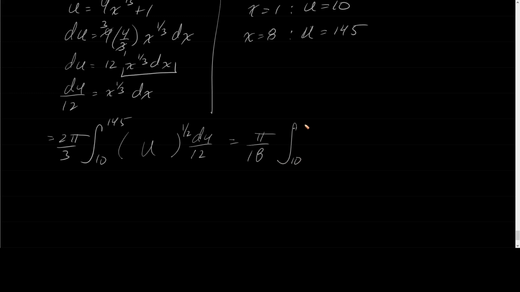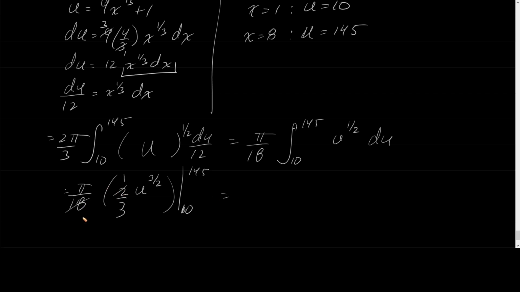Integral from 10 to 145 of u to the 1/2 du. And the integral of u to the 1/2 is u to the 3/2 times 2/3, all of this evaluated from 10 to 145. At that point, the 2 reduces with the 18. That becomes a 9. 9 times 3 is 27.